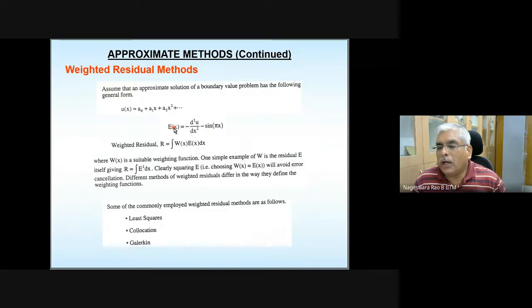Once I get the error, I integrate from 0 to 1, though not necessarily 0 to 1; you need to watch out what the domain of the problem is. And please note that here we are focusing on one-dimensional problems. One more important thing I want to emphasize: in real life, if you have some problem, you better simplify it.